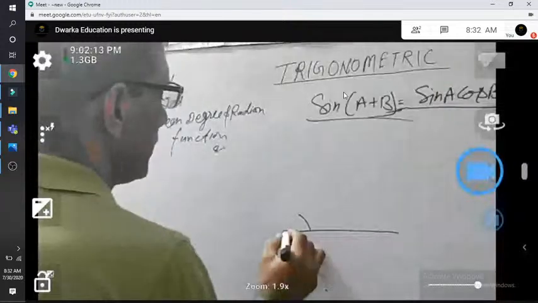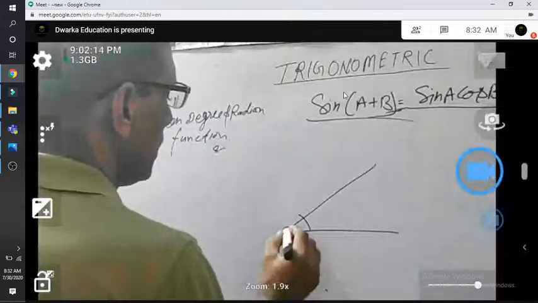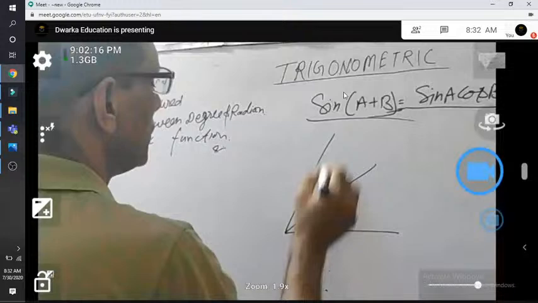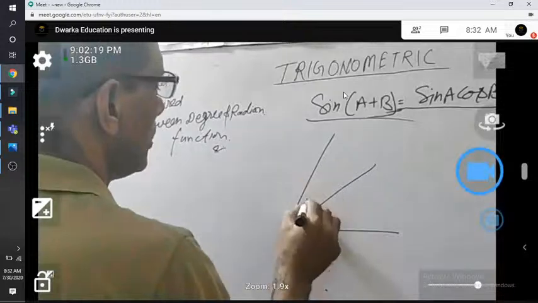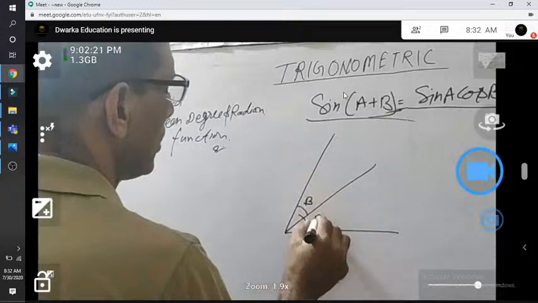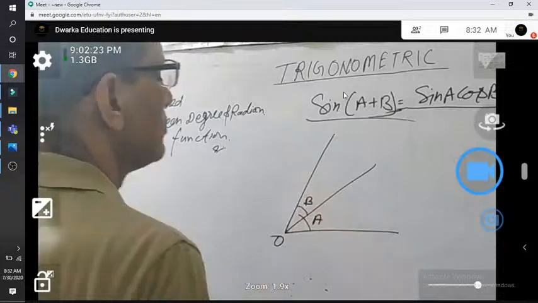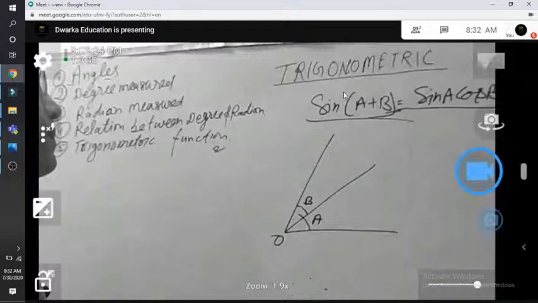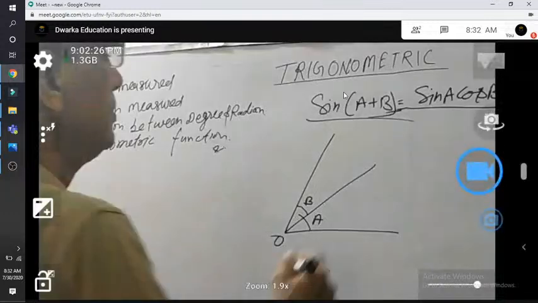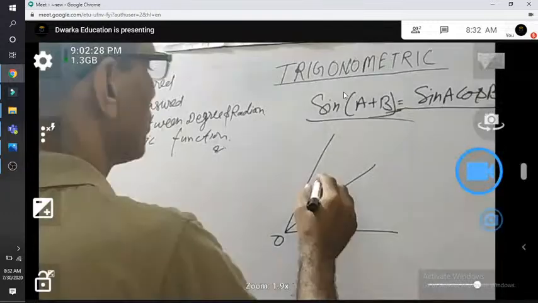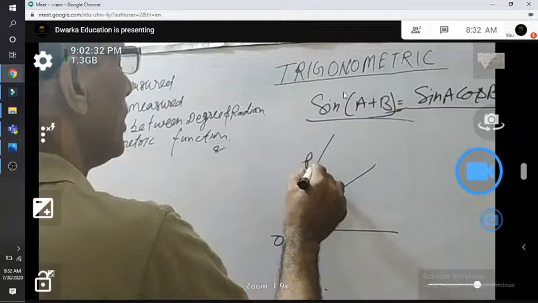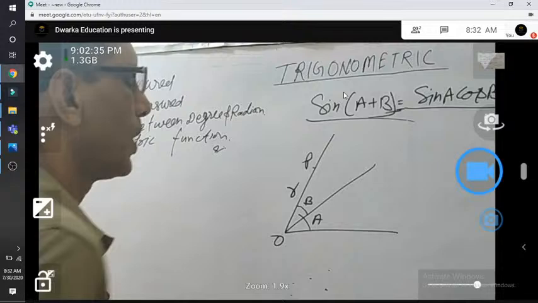Let this angle be equal to A and this angle be B. Angle B, this is angle A. And draw: first of all, take this point P such that OP is equal to R, and draw a perpendicular on this.